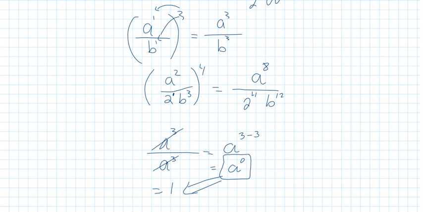So let's look at this. What do you do when you have something like this? I'm dividing the same base. What do I do with my exponent? Subtract the exponents, right? So it's 2 minus 5, yeah?